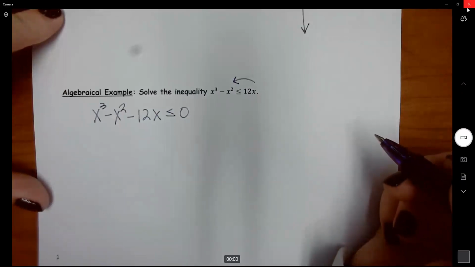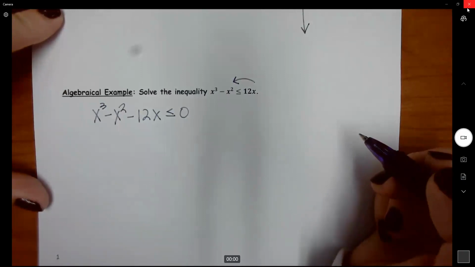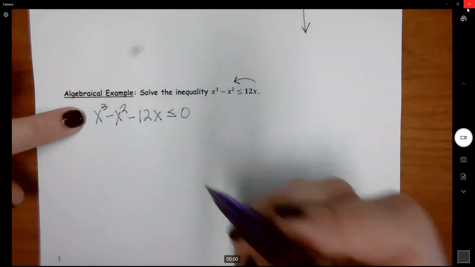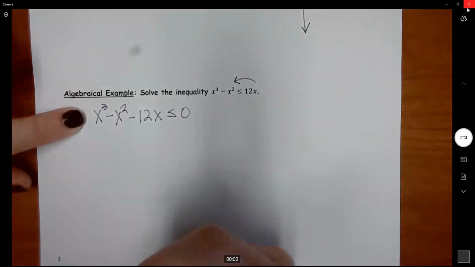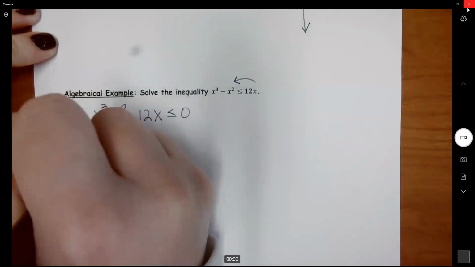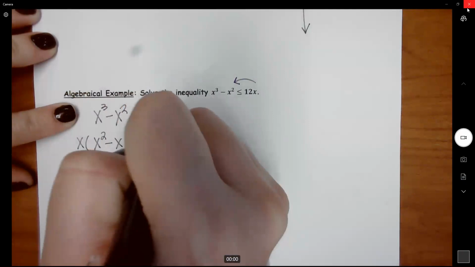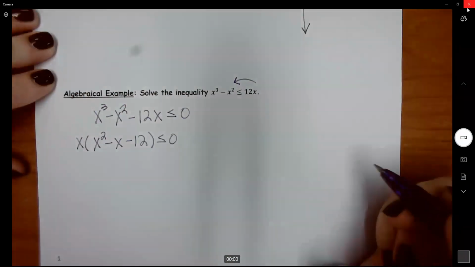Okay, so now we need to solve. First we're going to factor, and you're going to look, do I have a GCF? And I do in this one. It's x. All three of these terms have an x. So I will pull out an x, and that leaves me with x squared minus x minus 12 is less than or equal to 0.